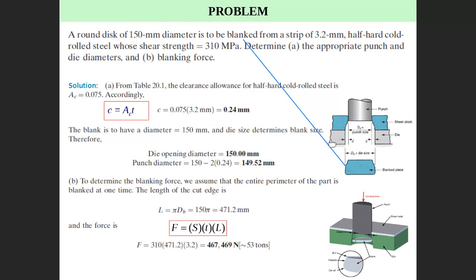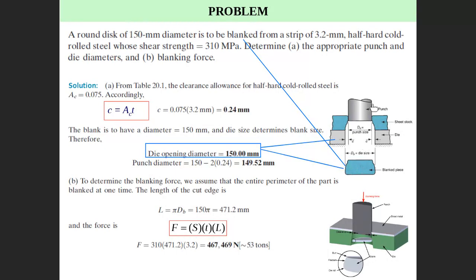Die diameter must be the same as this part. If we would like to get a 150 millimeter blank, the die must also be 150 millimeter.